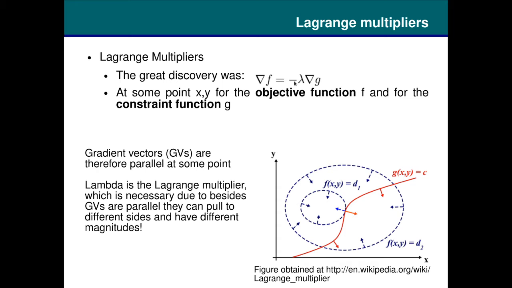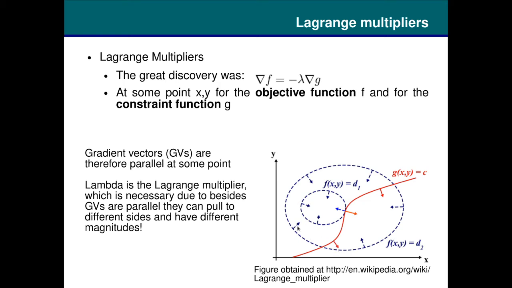It could be written as plus lambda. We are going to discuss that later, doesn't matter. But the point in which I have the gradient vector of f equal to the gradient vector of my constraint g, given some scalar value providing the correction, is a candidate solution.